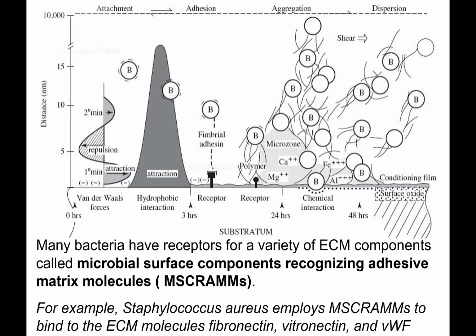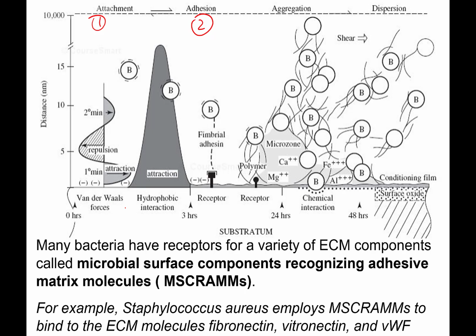This figure illustrates these steps visually for you. So here at the top, we have step 1, our attachment. Step 2, you have adhesion. And you see down here, these are mediated by these reversible non-covalent interactions, so van der Waals forces and hydrophobic interactions.